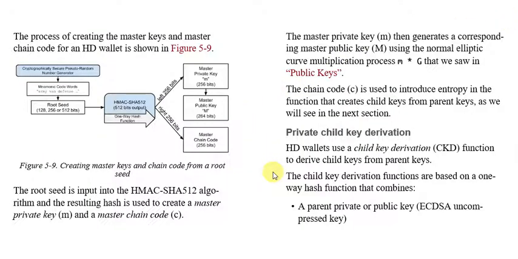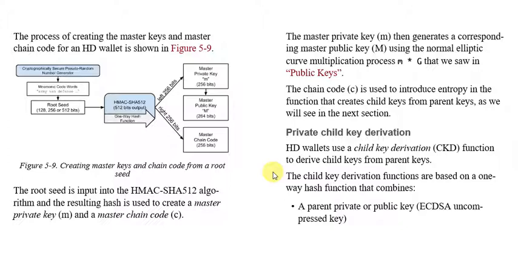The root seed is input into the HMAC SHA-512 algorithm and the resulting hash is used to create a master private key, m, and a master chain code, C. The master private key, m, then generates a corresponding master public key, M, using the normal elliptic curve multiplication process, m*G, that we saw in public keys. The chain code, C, is used to introduce entropy in the function that creates child keys from parent keys, as we will see in the next section.